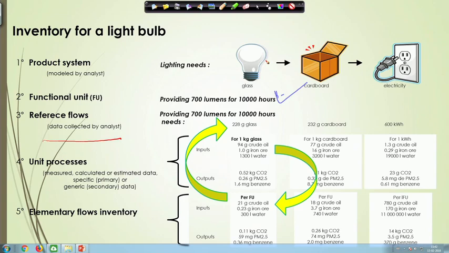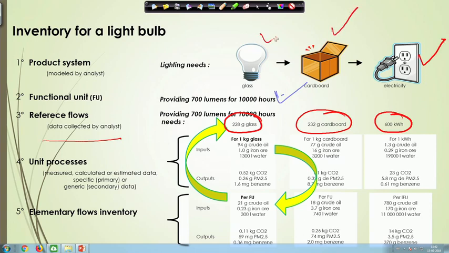If you think about just one type, an incandescent bulb, we will need something around 228 grams of glass to make 10 bulbs, 232 grams of cardboard for the packaging, and 600 kilowatt hours of electricity for usage. So, these are the broad categories.